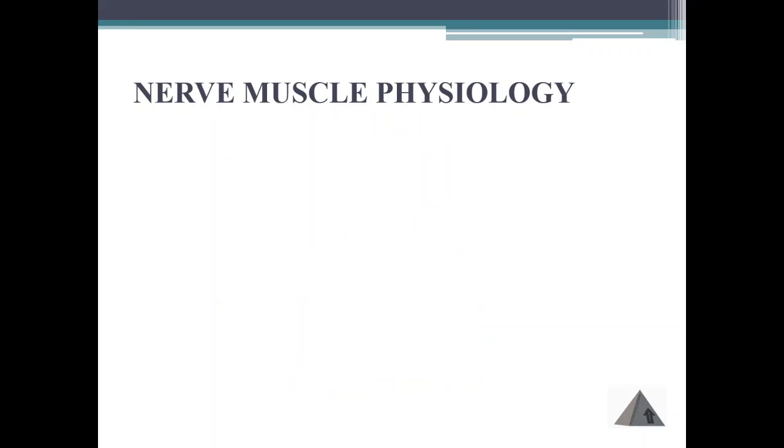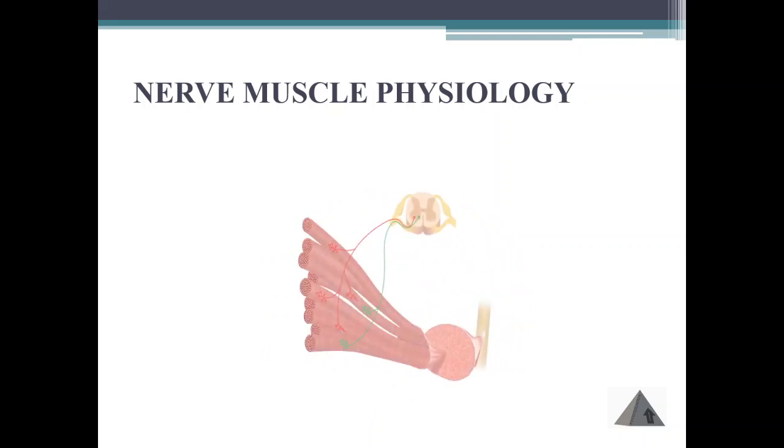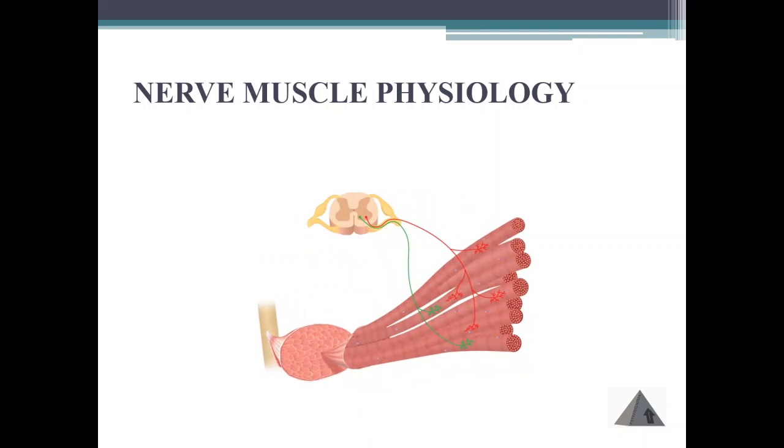Now coming to the nerve muscle physiology. Here we will study in detail about the reflexes, how the skeletal muscles react with the nervous system, the communication between the nervous system and skeletal system. During eating, how we move our hand, how we walk and talk, and other things like jogging, all come under exercises.